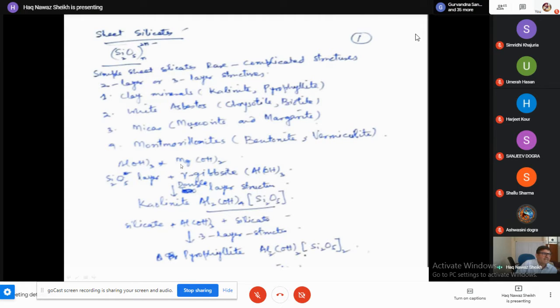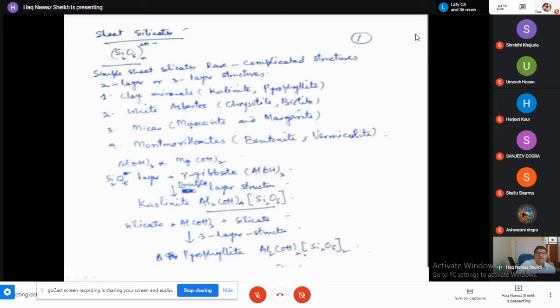We discussed last time that aluminum hydroxide and magnesium hydroxide form layered structures in which the hydroxy groups occupy the sides on both sides of a layer, and these hydroxide groups can be replaced selectively to match the position of the oxygen atoms in the silicate layer which are not shared.